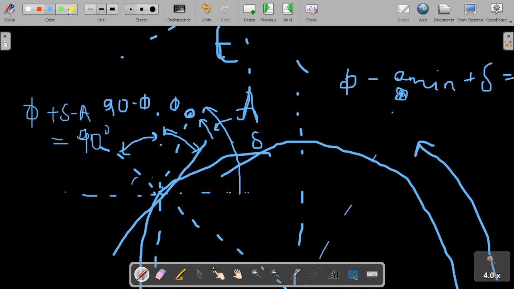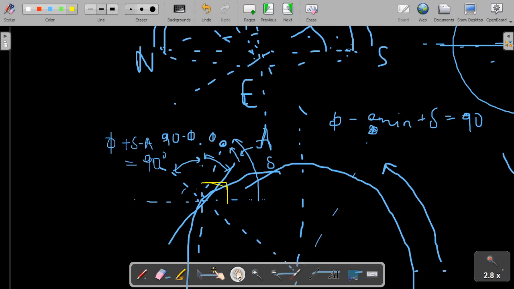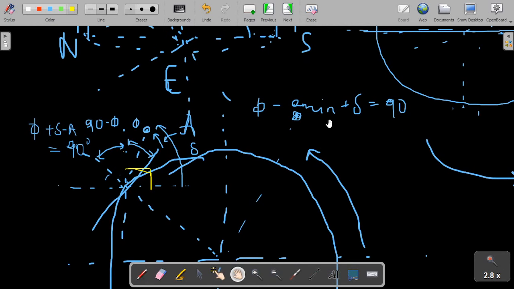I hope it's visible, but just let me use yellow color. This is 90 degrees. So as I wrote here, phi minus A min plus delta is 90 degrees.